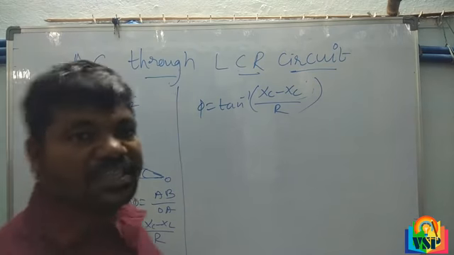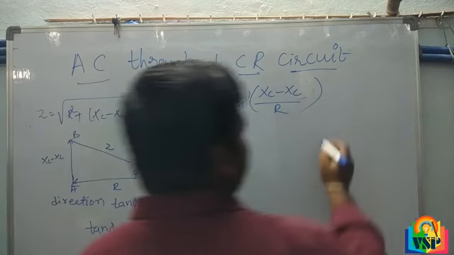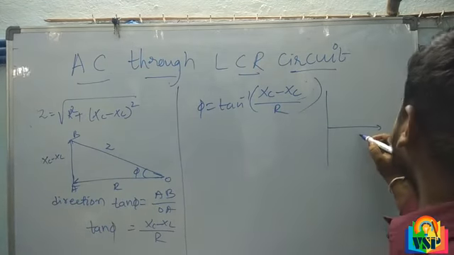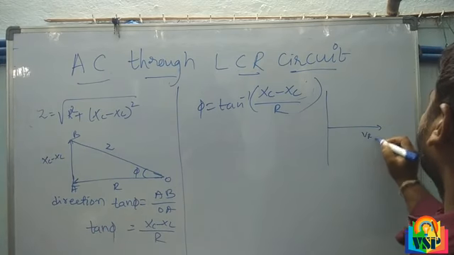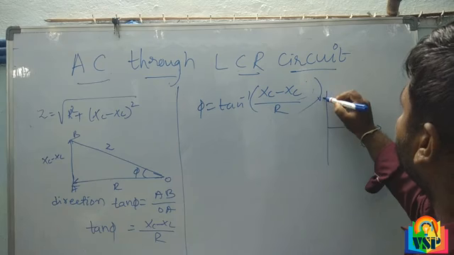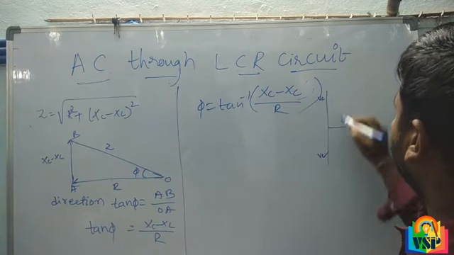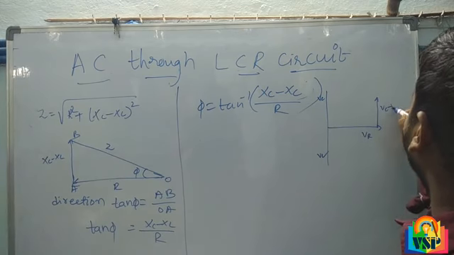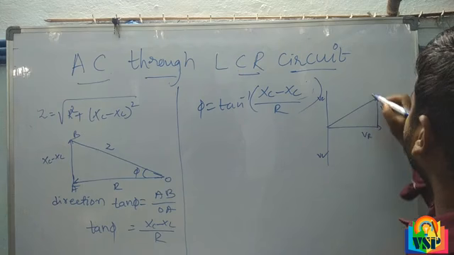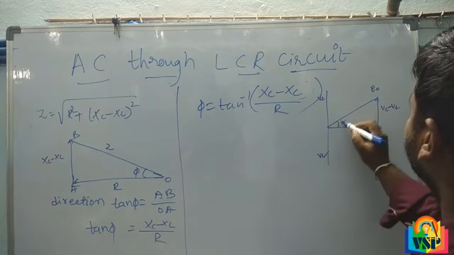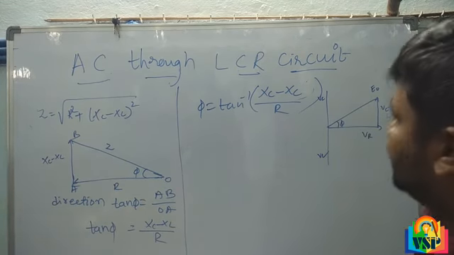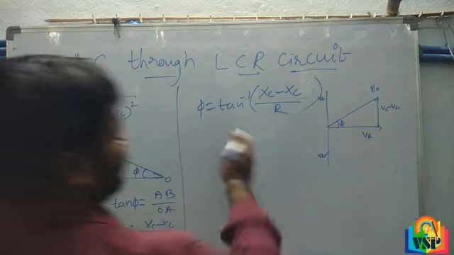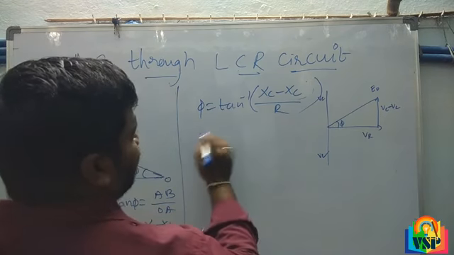Otherwise, from the same phasor diagram, we have to find VR, VC, VL. So we know that VC minus VL, this is E naught, here phi. Okay, so from that we have to find the phasor diagram angle.